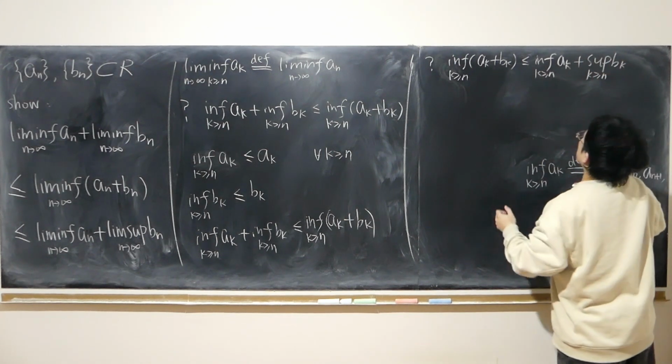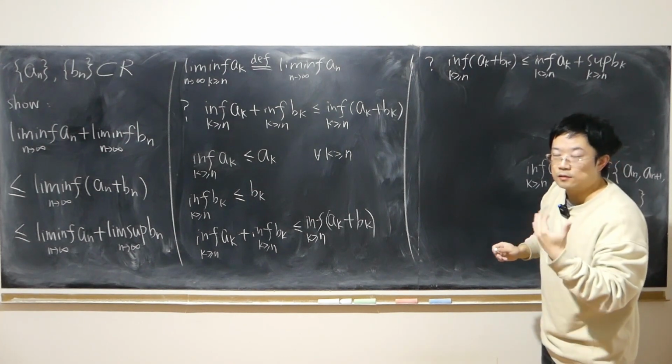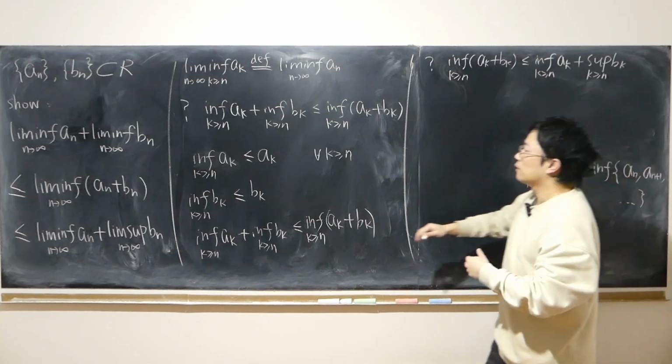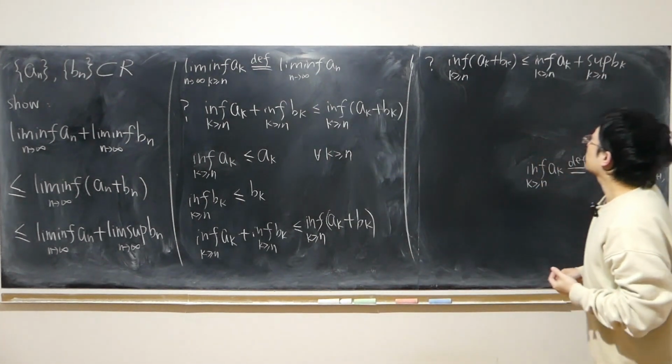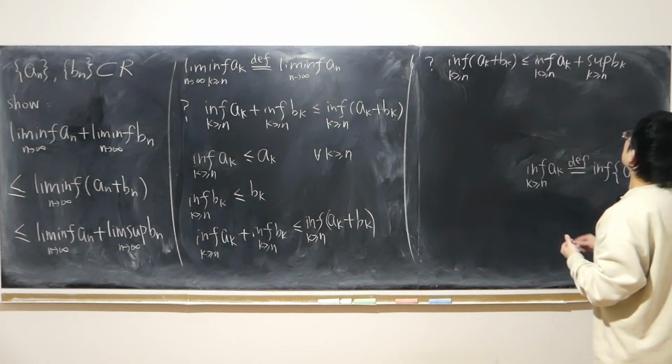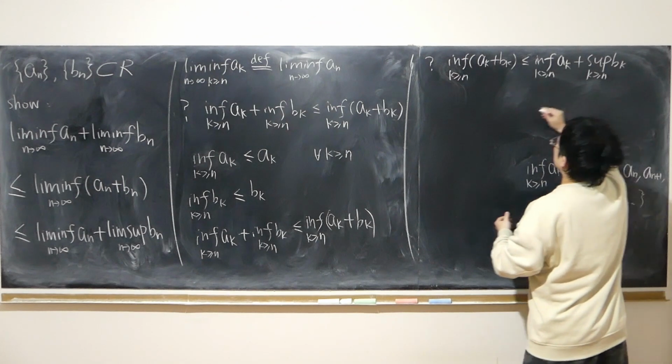Right, can we show that? If we can, then we take the limit on both sides, then this is automatically true. Okay, like I said, first let's prove the supremum.